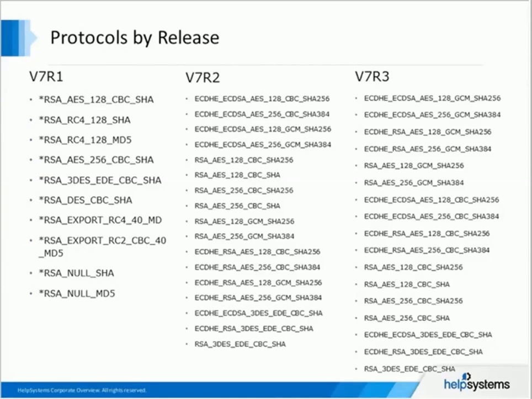That's another reason that as you migrate off of 7.1, you highly consider going straight to V7R3 because of the strength of the encryption that you have available at that version, even over V7R2.